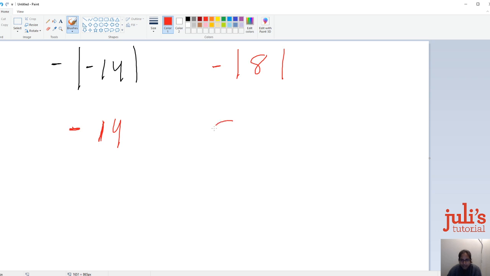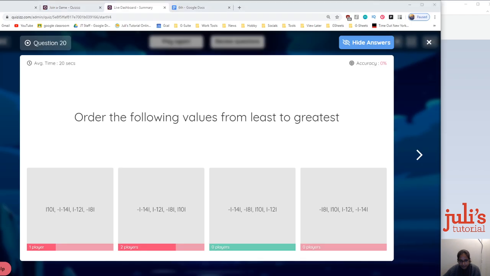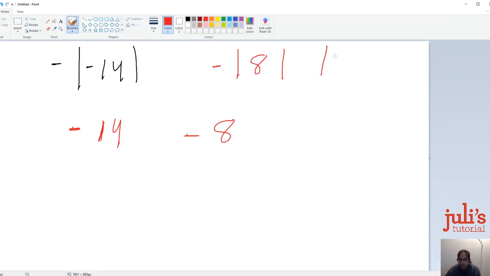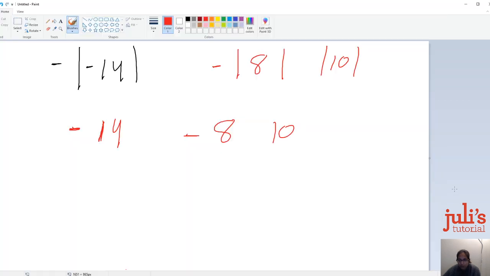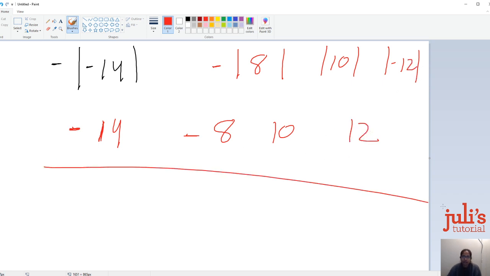The absolute value would be 8, but because of the negative in front, it's going to be negative. Then we have the absolute value of 10, which is just 10. And then we have the absolute value of negative 12, which is going to be positive 12. And that's why it's least to greatest.